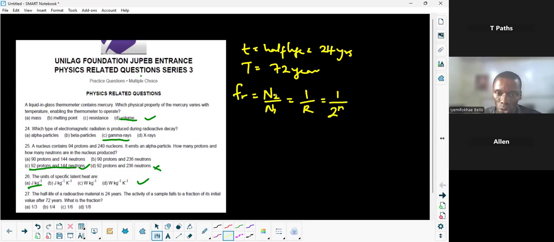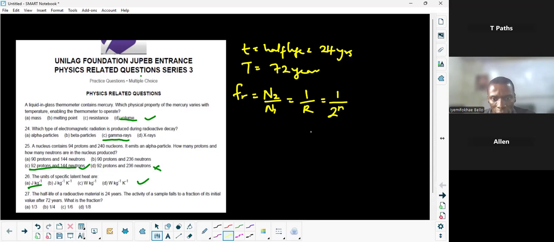This is the formula I normally use. Your N2 simply means the number of atoms that remain. Your N1 means the initial atoms of the radioactive element before decay. The R means your disintegration ratio.